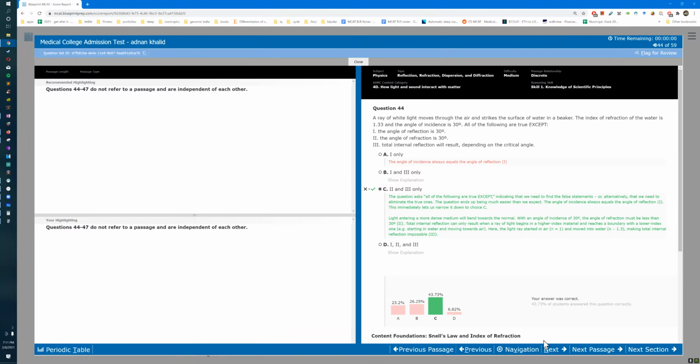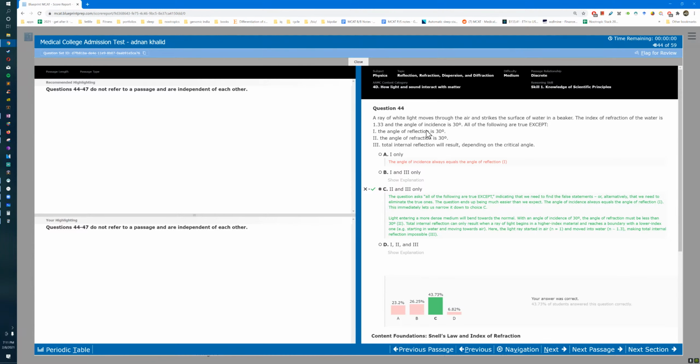This one, okay, so you should know that basically angle of incidence is always equal to angle of reflection. So Roman numeral 1 is true. They're asking which ones are not true. Angle of refraction will not be equal. Angle of refraction is basically 90 degrees minus angle of incidence. So basically 60.